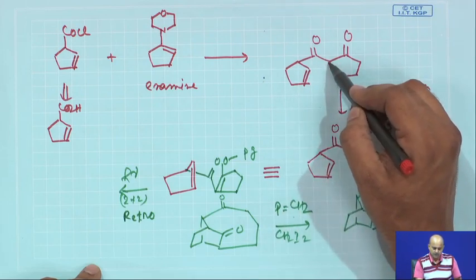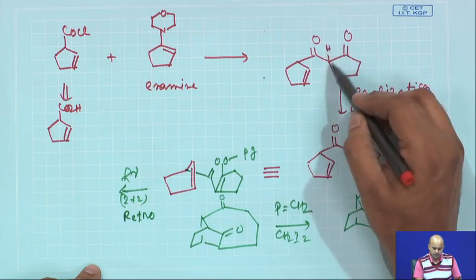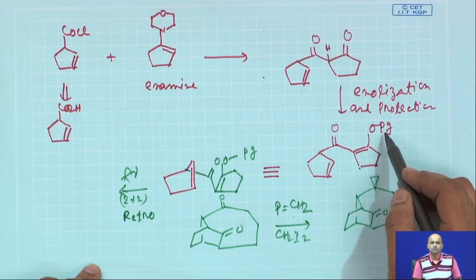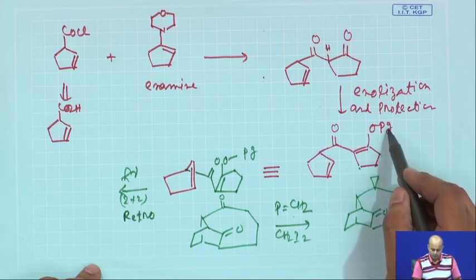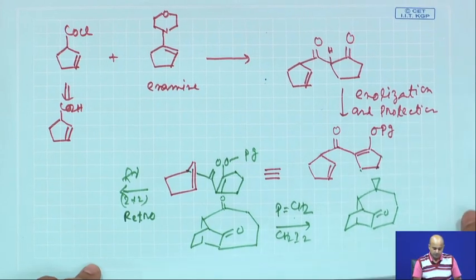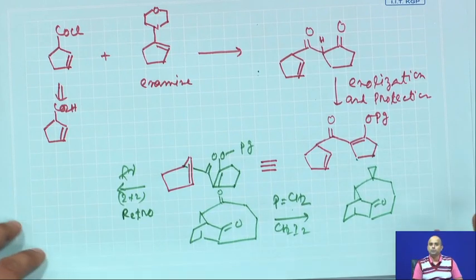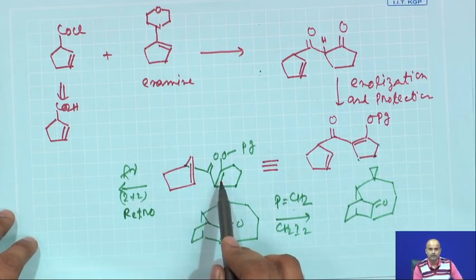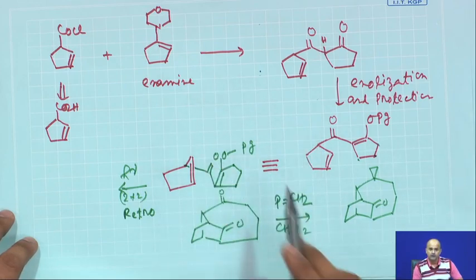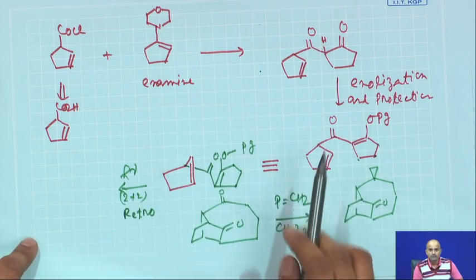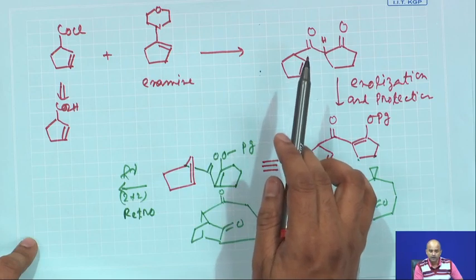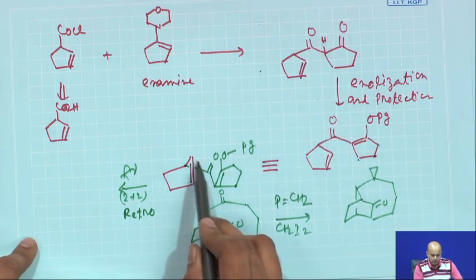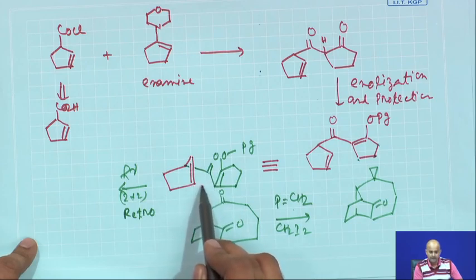You pick up this hydrogen to form this enol. Now, this enol you can simply protect as OPG, then your main 2+2 cycloaddition gives you the 4-member overbred. This is the structure we drew in the earlier part, and we have shown you how this 4-member overbred has been generated.